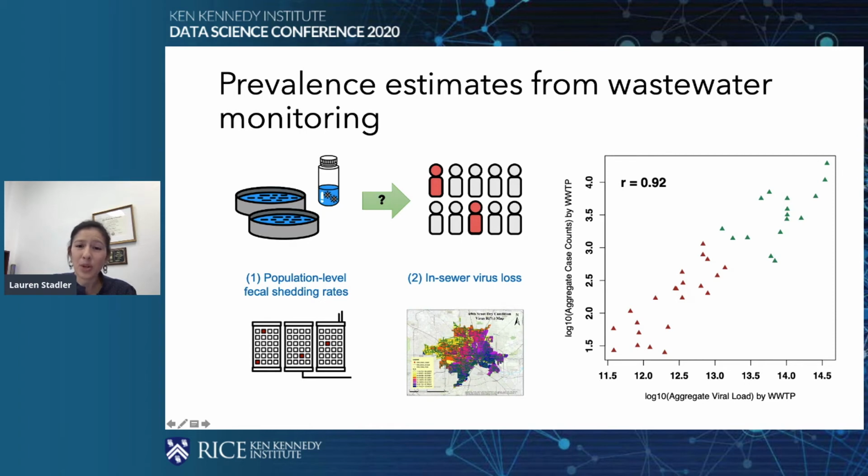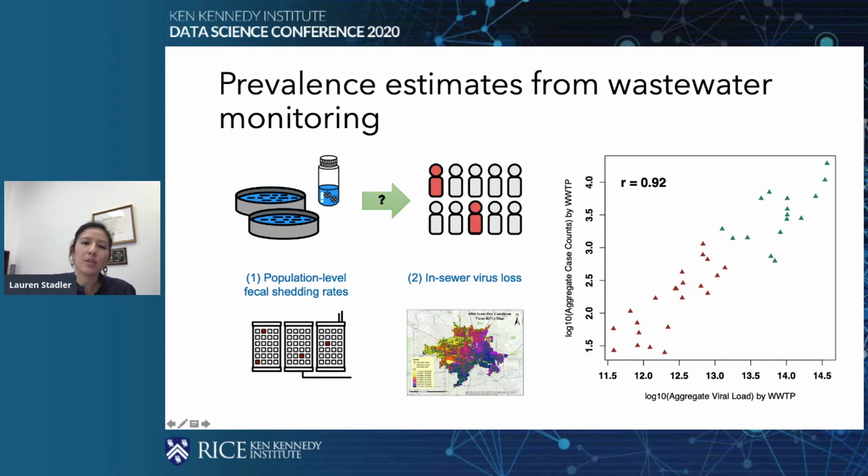So here I'm showing the total viral load for each of the wastewater treatment plants that we sampled from, plotted against the total cases in that wastewater treatment plant service area. And this is over the entire study period. Each of these triangles represents an individual treatment plant that we sampled.